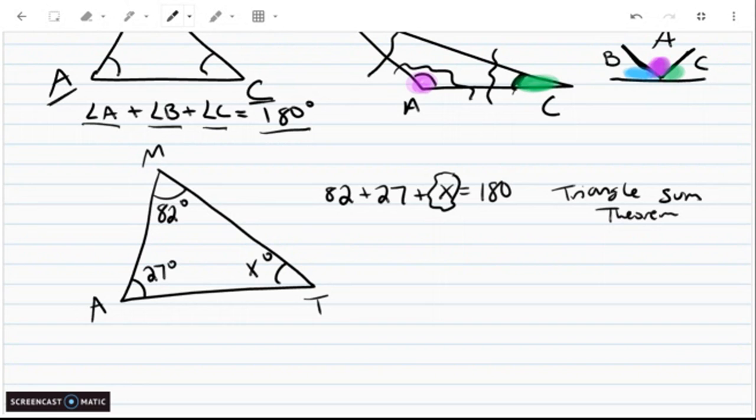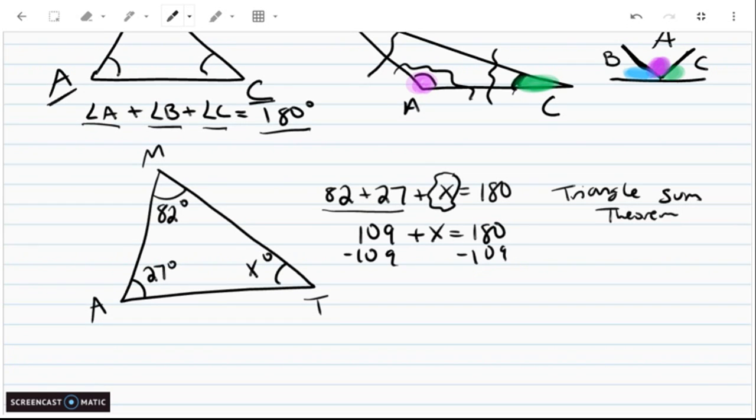We're going to combine our like terms, 82 and 27. And that gives us 109 plus X equals 180. And so now we're going to subtract 109 from 180. And when we do that, we get that X equals 71.